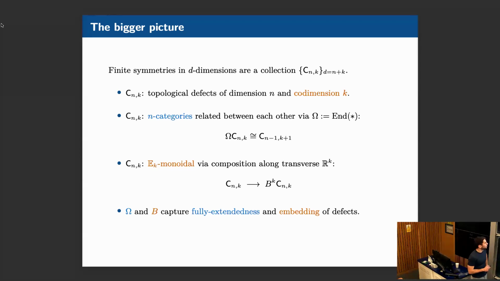And we want these to have some monoidal structure, which takes into account the fact that we can fuse these defects along the transverse k-dimensional directions. This says that we have a good categorical structure that captures the basic idea that our defects are fully extended and can be embedded into some higher spacetime.